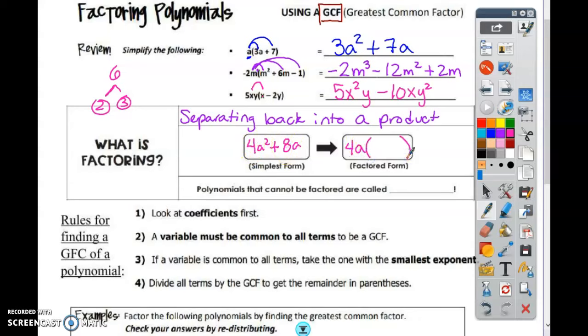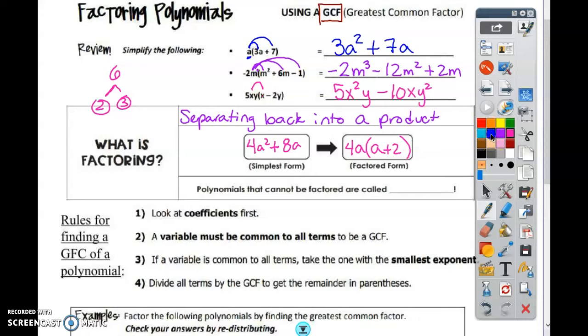If I take out a 4 from here, and when I say take it out, I mean divide. 4 divided by 4 is 1. And if I take an a out of here, I have an a left. 8 divided by 4 is 2, positive 2. If I take out an a, then there's no a's left. And that's just an example. We're going to do more examples in just a little bit.